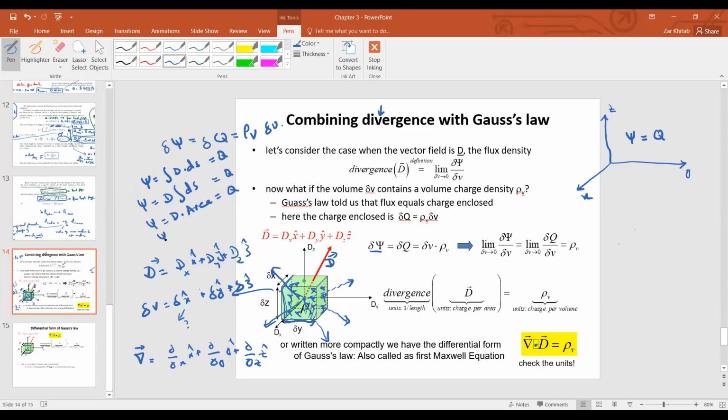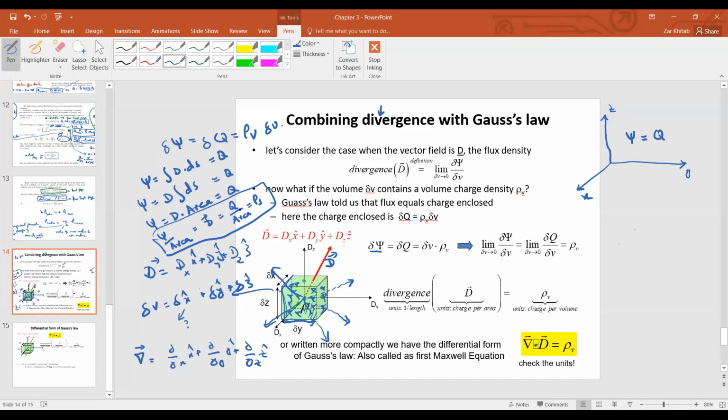So psi divided by area equals D, which equals charge divided by area, which equals rho s. It is a vector quantity. Do you understand this equation?